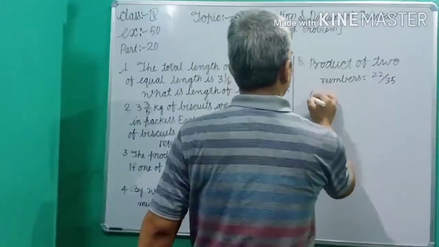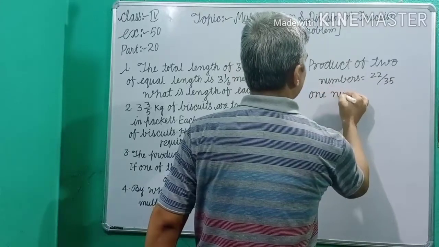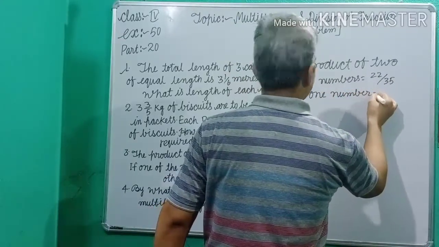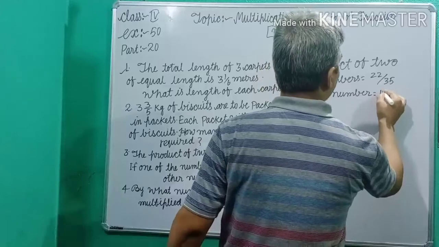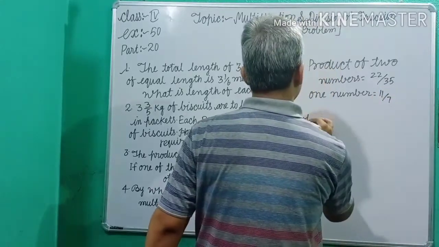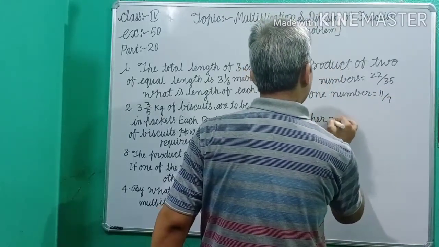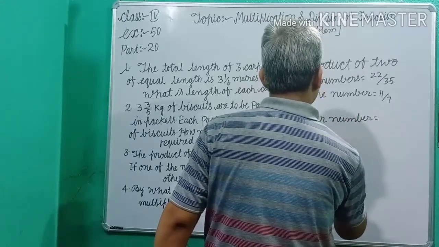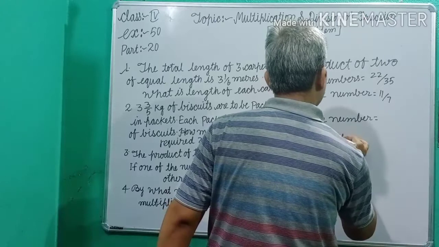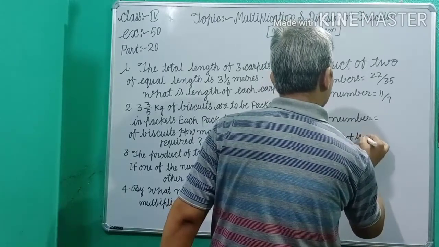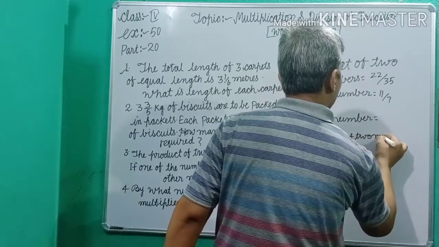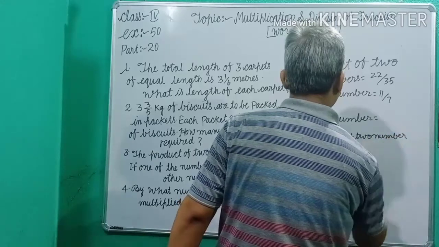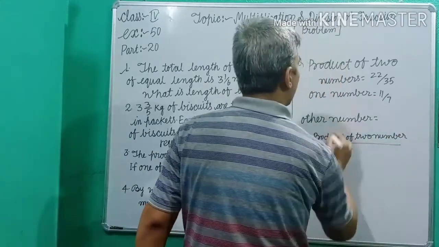And now one number is equal to 11 by 7. Other number is equal to product of two numbers divided by one number.